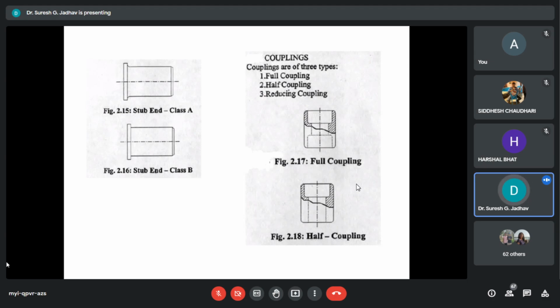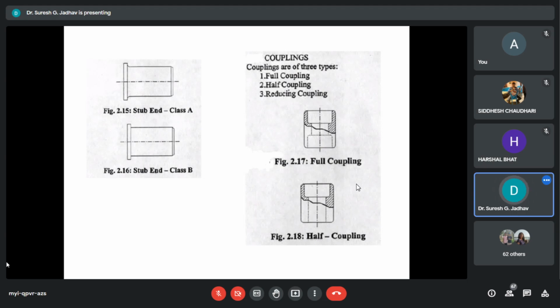Couplings are used to connect small bore pipes, as projection of welding inside the pipe bore occurs when butt welding is used to reduce the flow area.